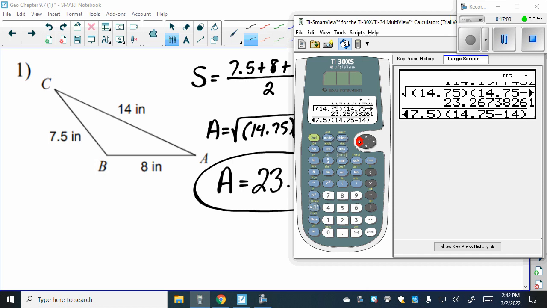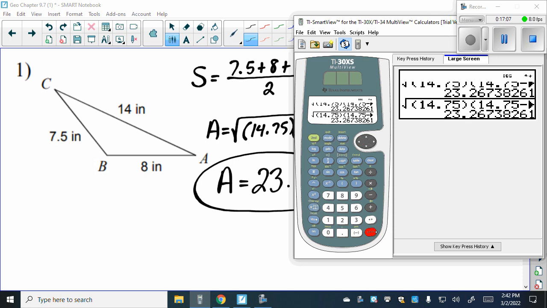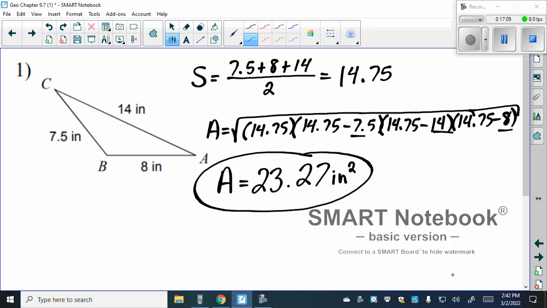It'll be easier to use the arrows. Yep, it was kind of buried in there. But that's all we have to do for this here. Questions on this?